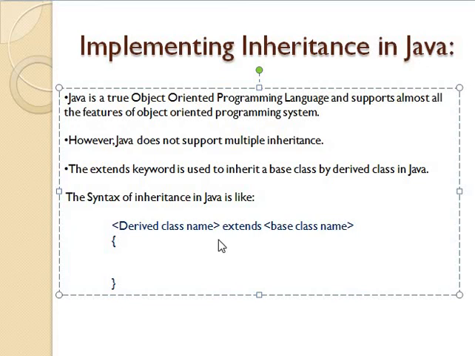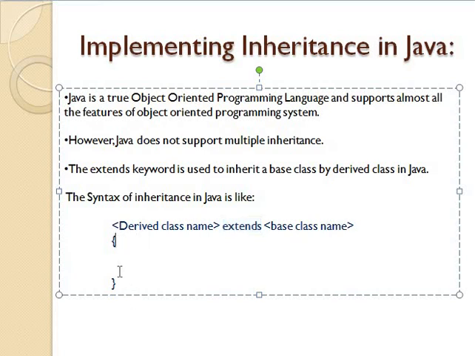So from this statement we can clearly understand that when a derived class wishes to acquire the properties of its base class, it has to use this extends keyword. So using this extends keyword, the derived class will be able to acquire the properties of the base class.